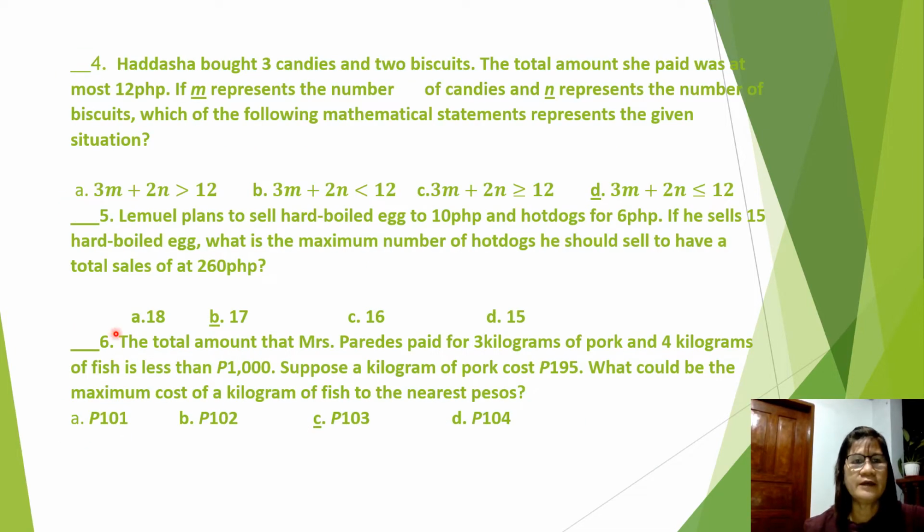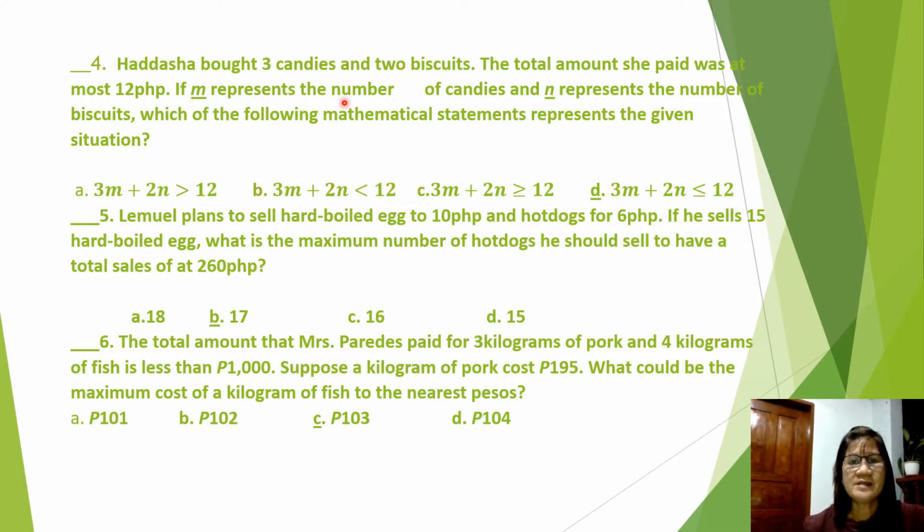Next slide tayo. Number 4. Hadasha bought 3 candies and 2 biscuits. The total amount she paid was at most 12 pesos. So kapag ang word na ginamit natin ay at most, ang gagamitin nating mathematical inequality ay less than or equal to.